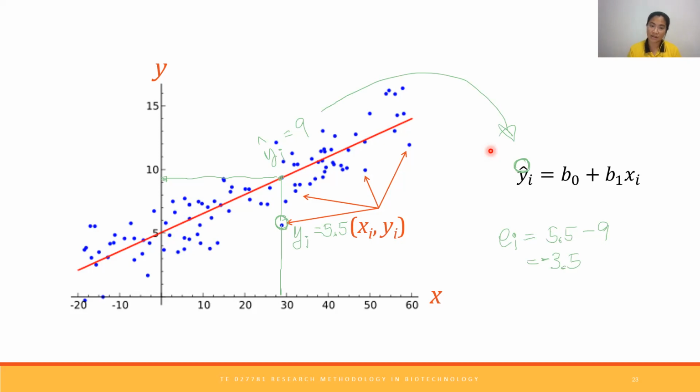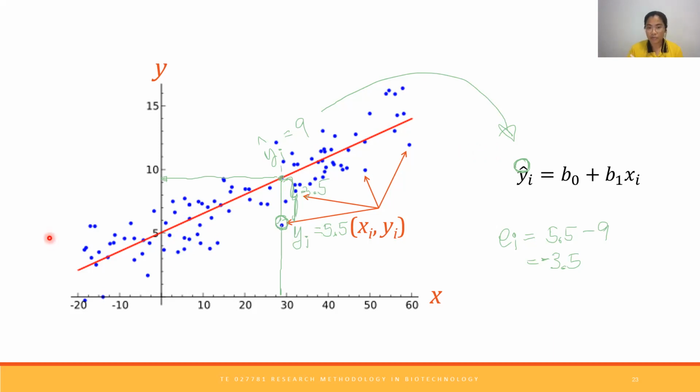It is the difference between what is predicted using the equation that you think fits and the values that you get from the experiment. The difference here is about 3.5, the difference between these two lines. So that is the residual error.